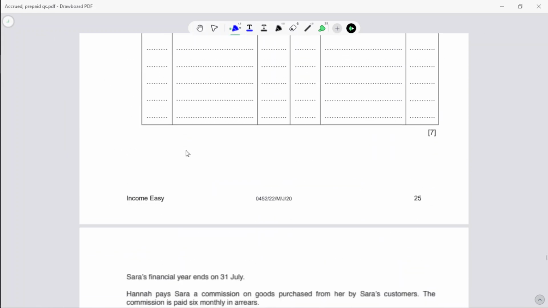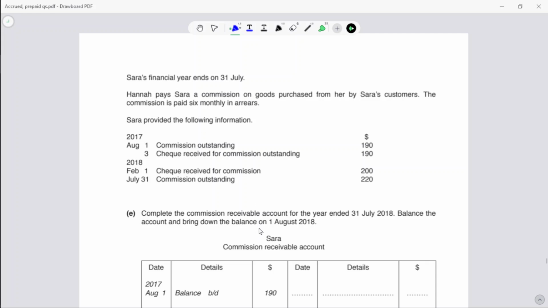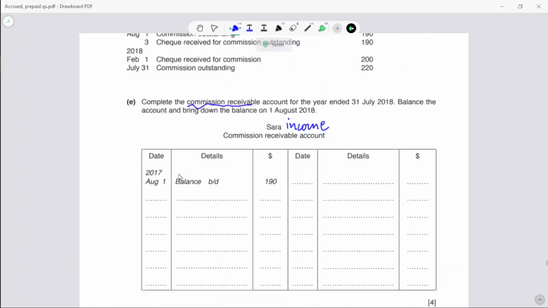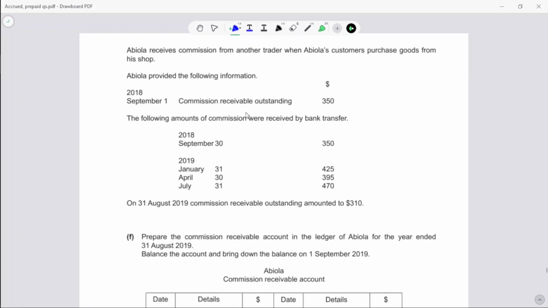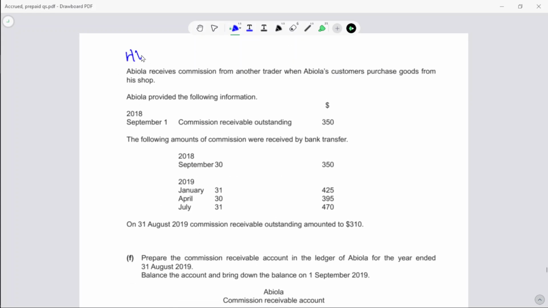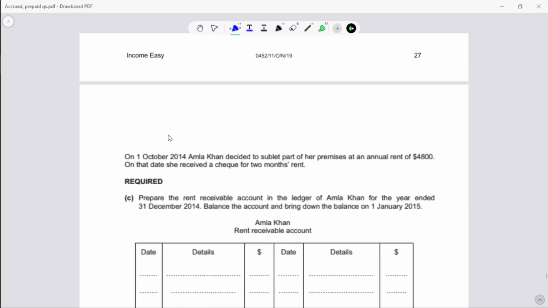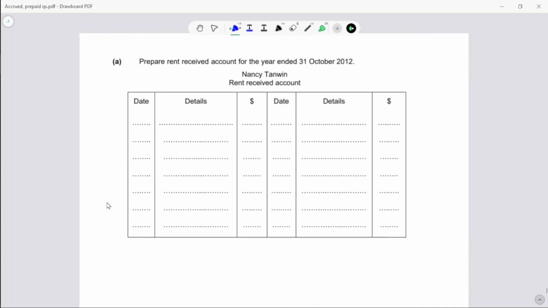This one is commission receivable, so income. This also homework. Remaining questions, you do as homework.